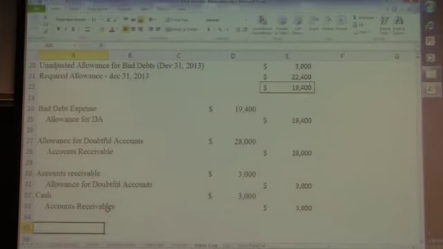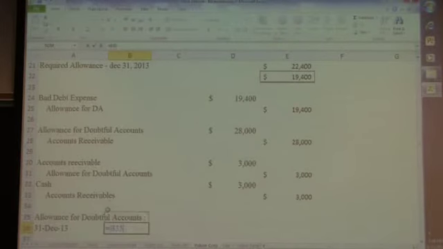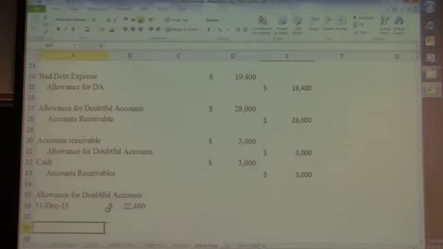So I know that my December 31st, 2013 balance should be a total of $22,400.